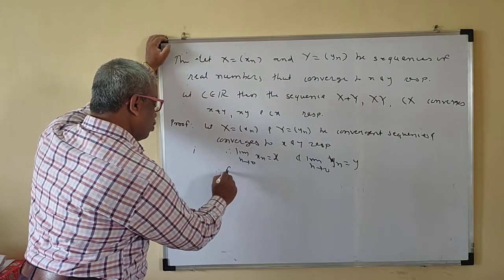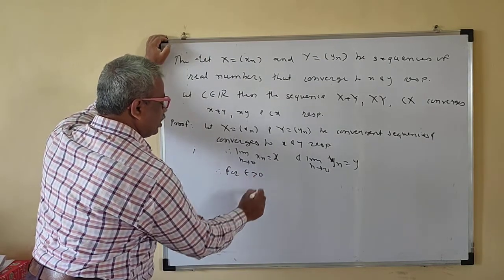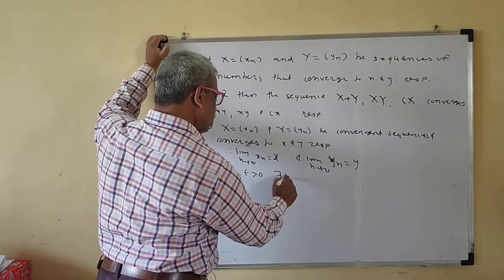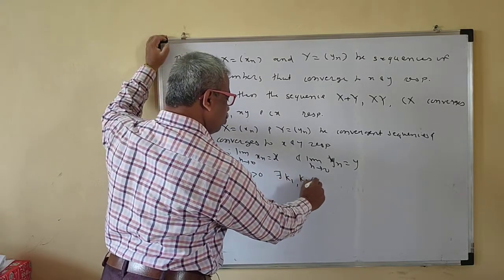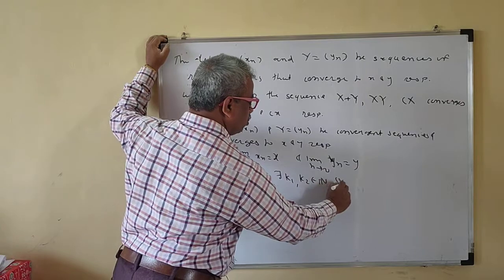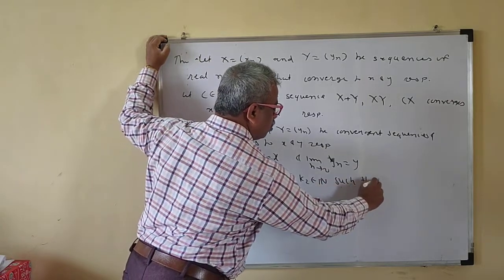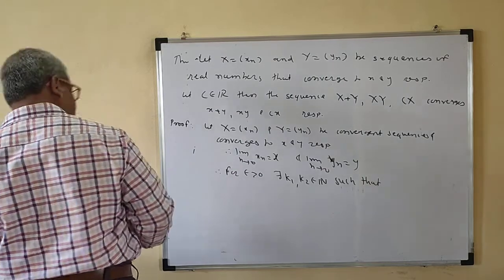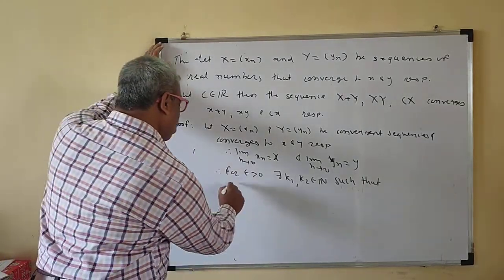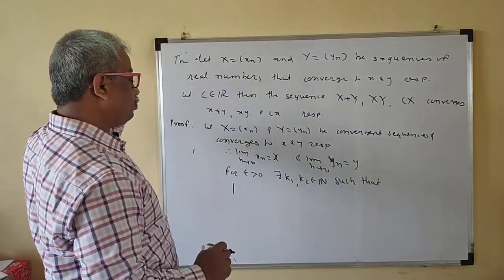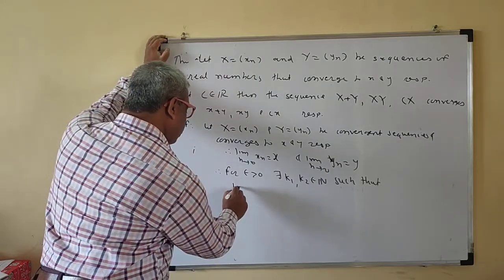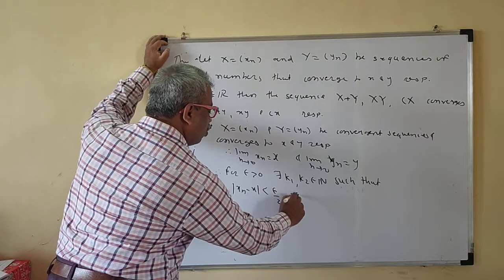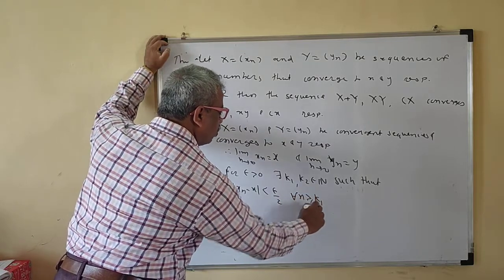Therefore for epsilon greater than 0 there exist k1, k2 belongs to N such that mod of xn minus x is less than epsilon by 2 for all n greater than or equal to k1.